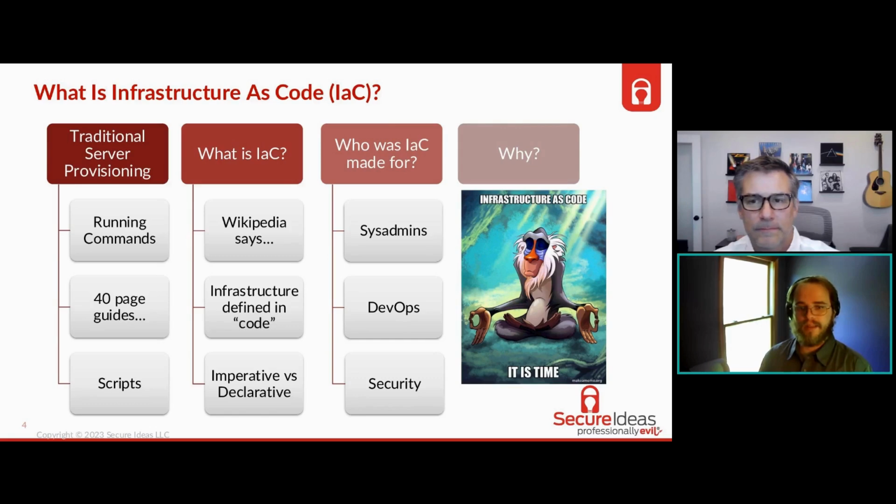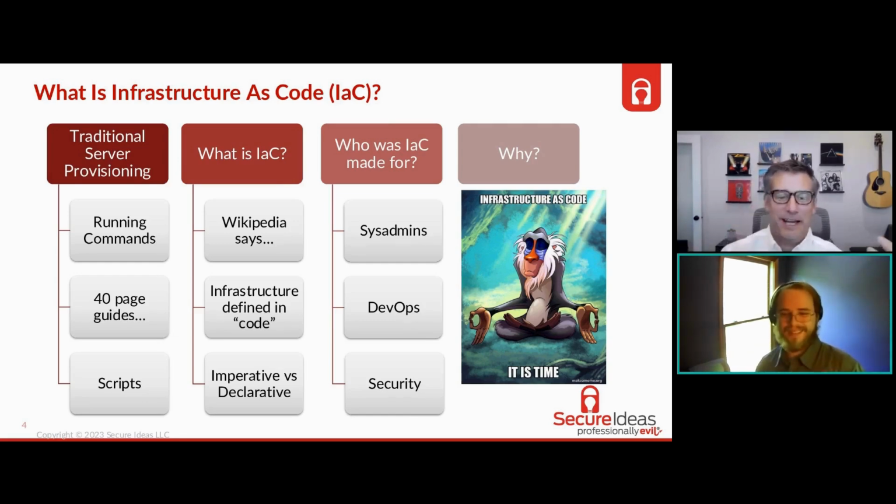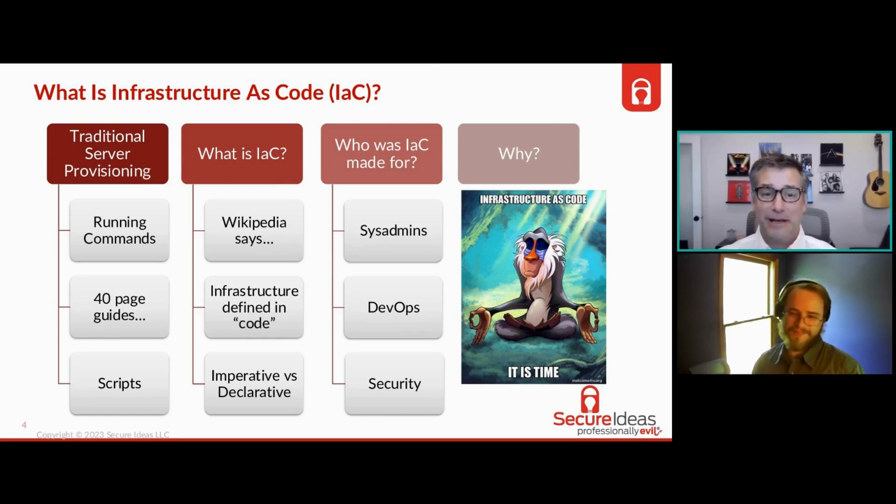And then I think this third column is, who is infrastructure as code made for? I think John is going to take more of the sysadmin perspective here, and I'll cover the other. Sure. The idea here is that for system administrators, one of the big challenges, and I said it before, is consistency and repeatability.